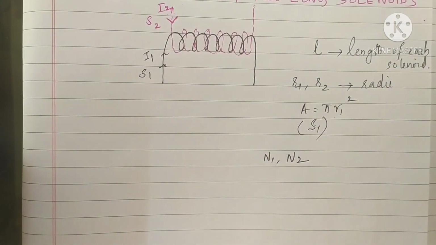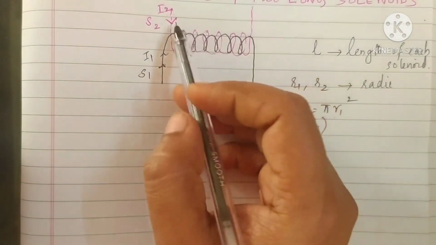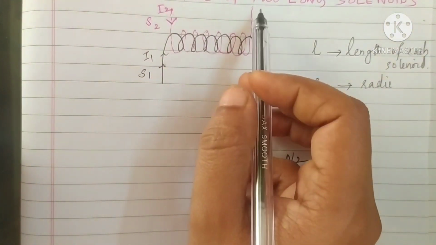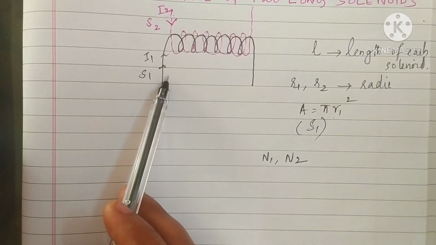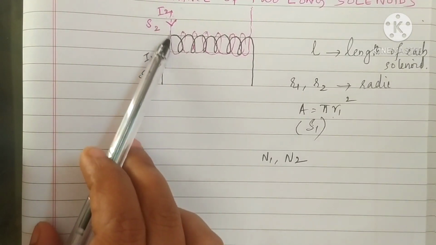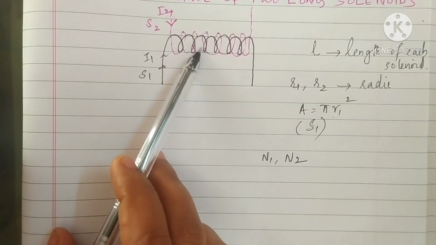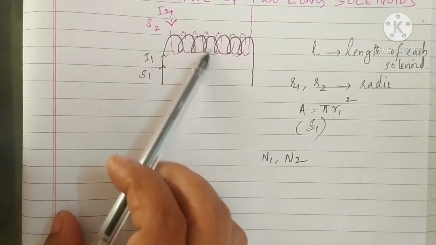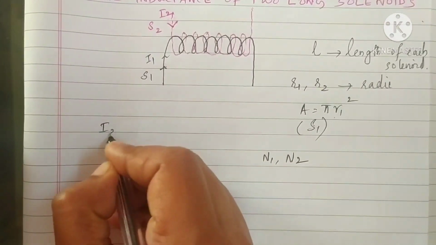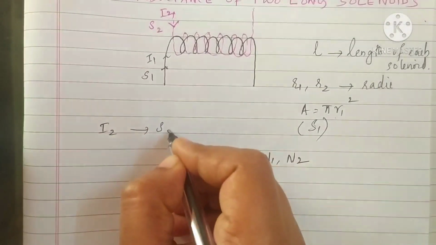So first, you can see that the solenoid S2 is wound over S1. Here we are passing a current I2 through the solenoid S2.